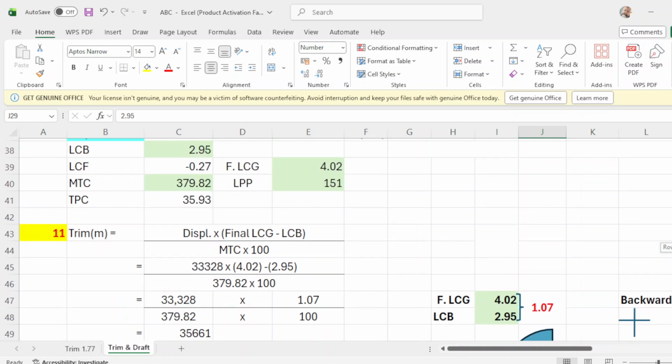Transpose now. Your final LCG is 4.021, okay, which is this one.